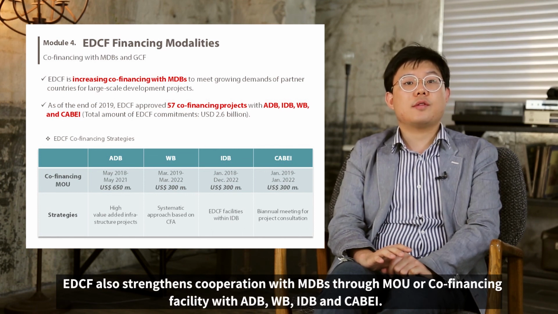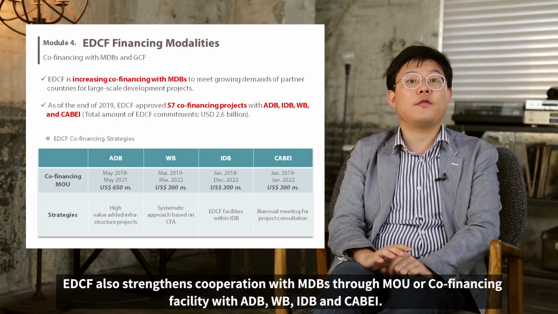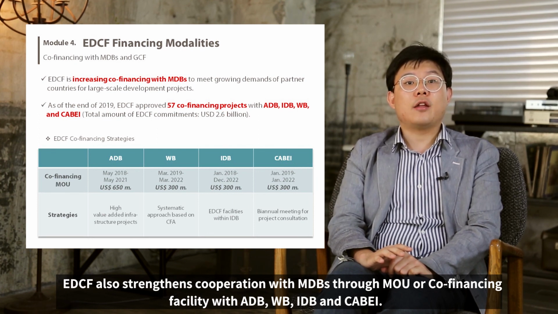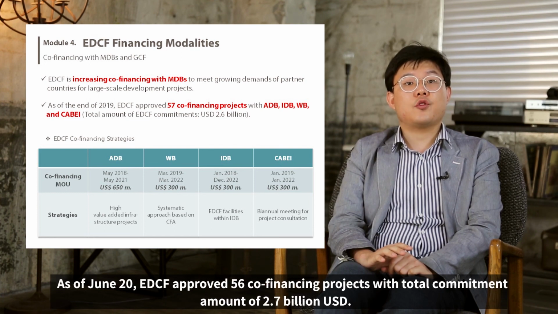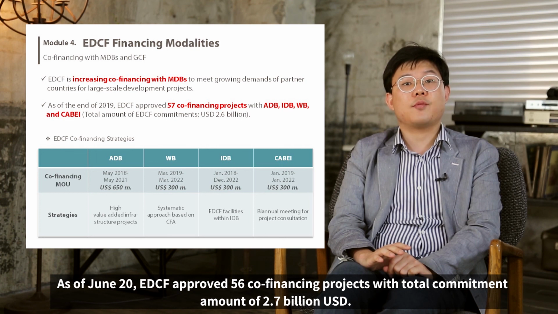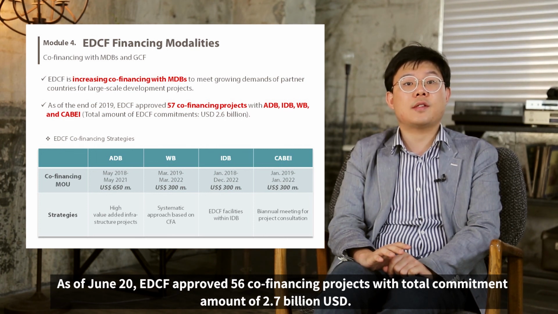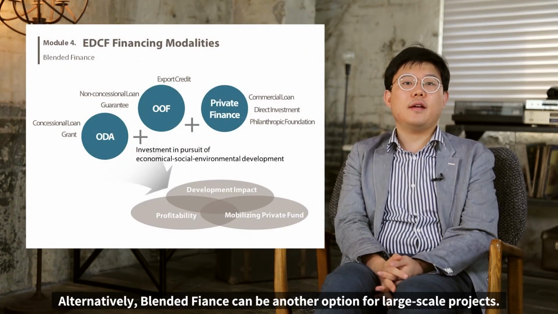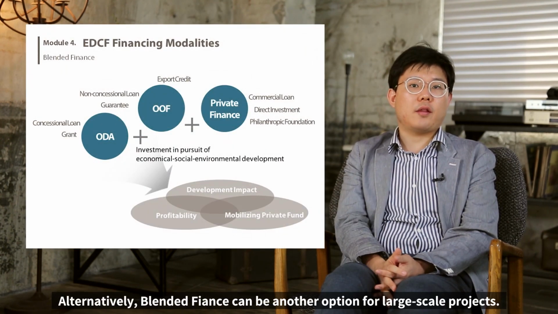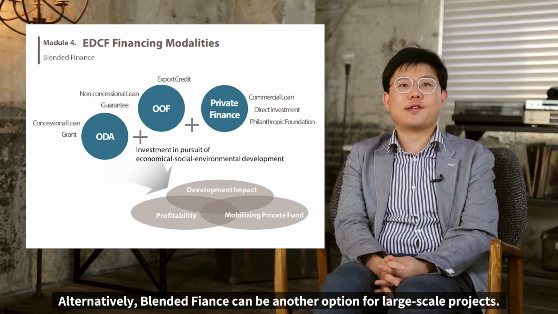EDCF also strengthens cooperation with MDBs through MOU or co-financing facility with ADB, World Bank, IDB, and GCF. As of June 20th, EDCF approved 56 co-financing projects with total commitment amount of $2.7 billion. Alternatively, blended finance can be another option for large-scale projects.